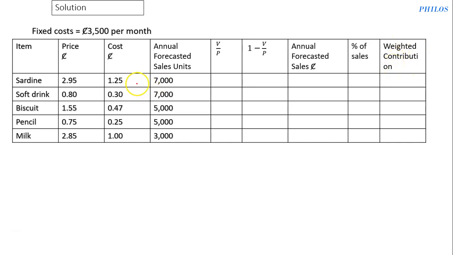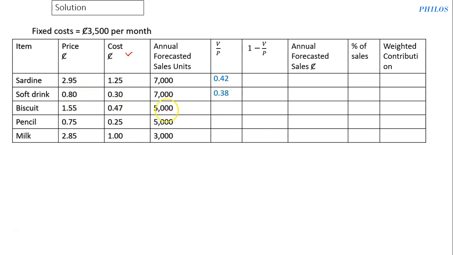So to do this, the cost here is the variable cost, the V. We are going to take each V divided by the price. When you take 1.25 divided by 2.95, that will give you 0.42 in 2 decimal places. Then take 0.3 divided by 0.8, and that will give you 0.38 in 2 decimal places.